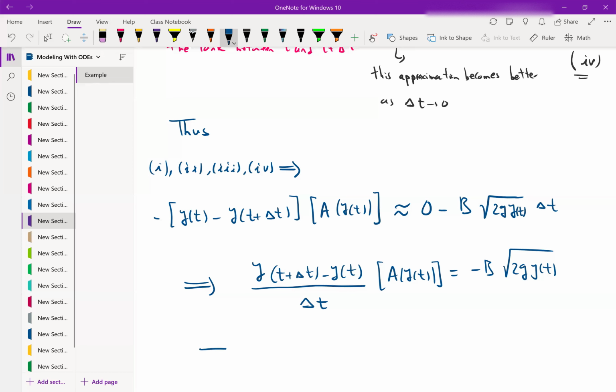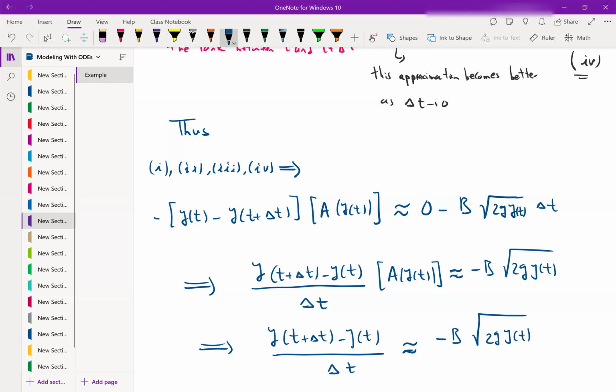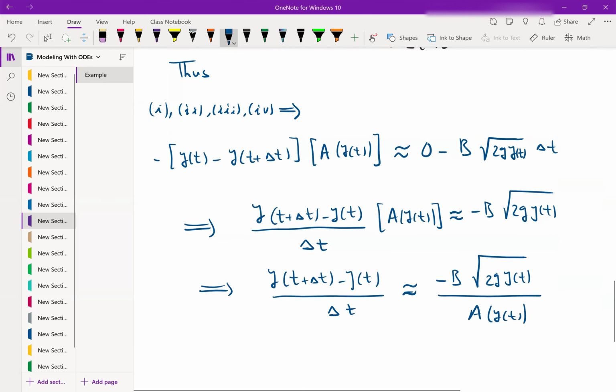And I can bring the A to the other side. So y of t plus delta t minus y of t, divided by delta t, is approximately equal to negative B square root of 2gy of t divided by A of y of t. A is a function of y of t.